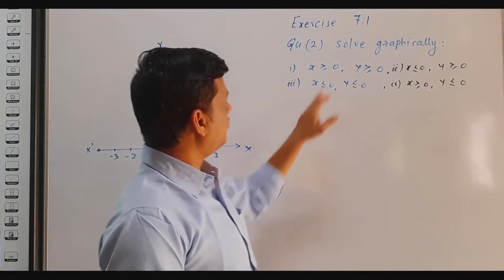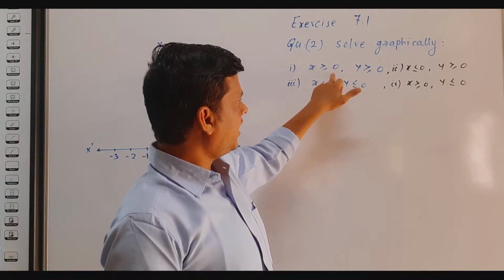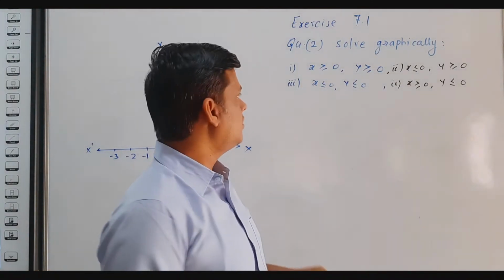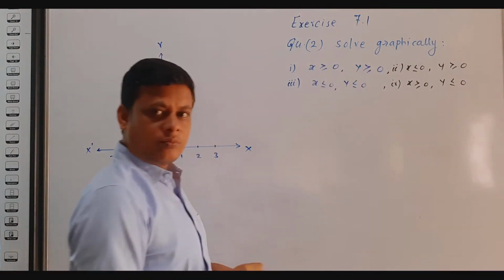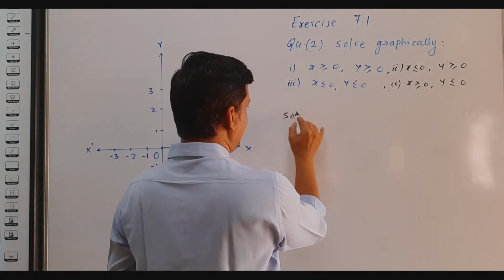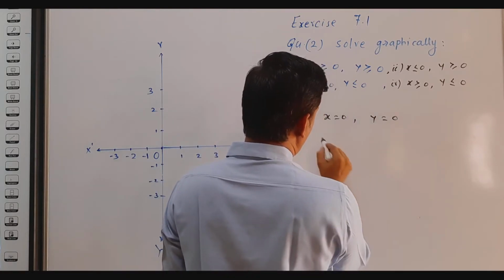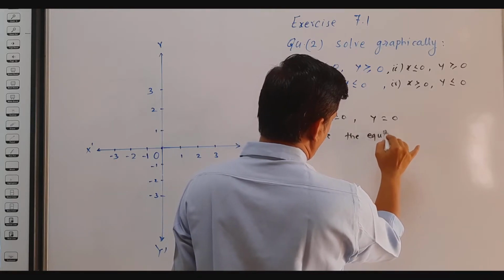Now see question number two. First sub question, x greater than or equal to 0, y greater than or equal to 0. So here these two inequalities we have to plot with the help of two equations. We write here x equal to 0, y equal to 0 are the equations.